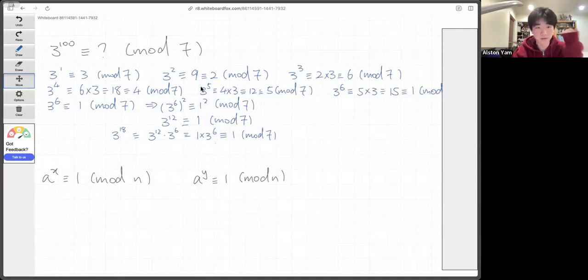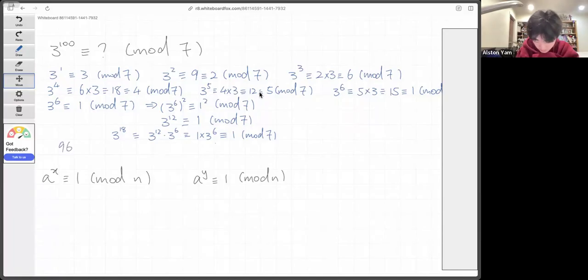If all the multiples of 6 in the exponent are 1 mod 7, then we can get really close to 3 to the 100. Specifically, what is the nearest multiple of 6 that is less than 100? I would think it is 96, because we know 96 is divisible by 6.